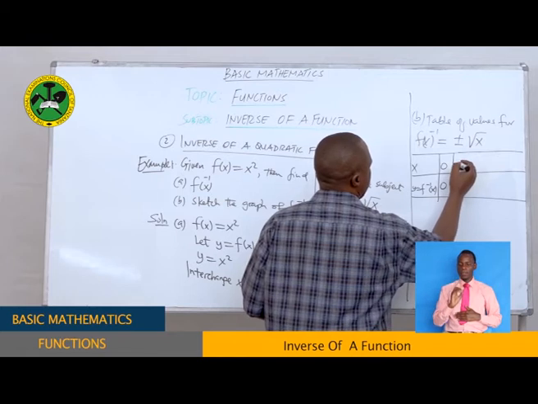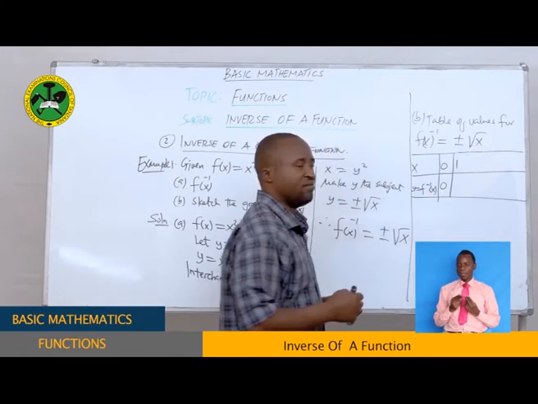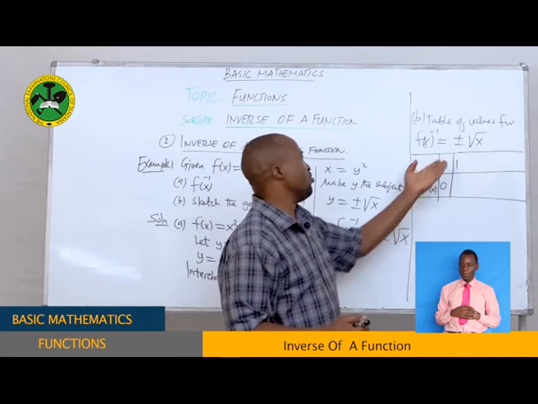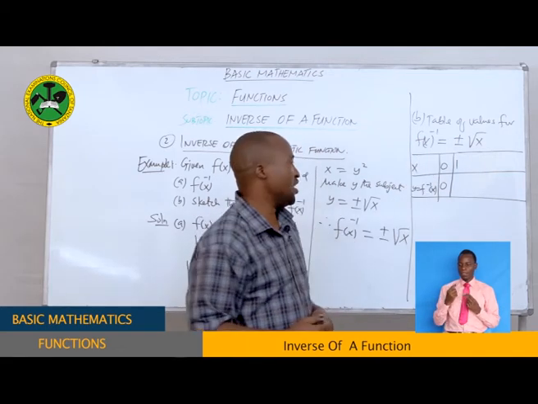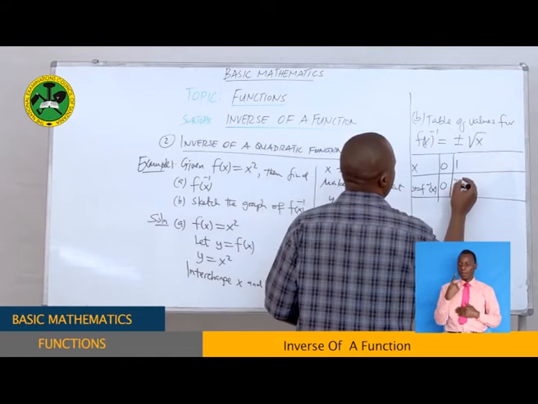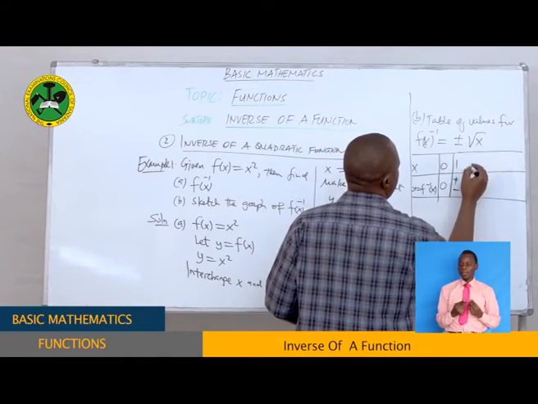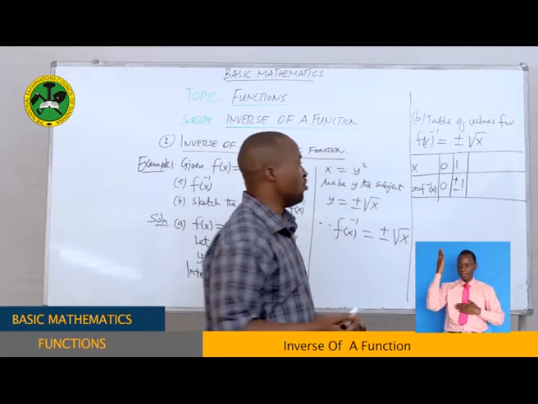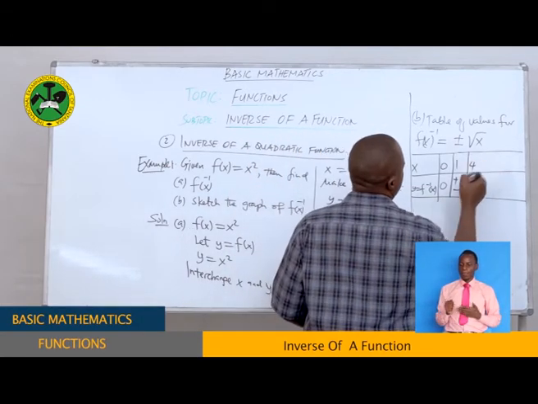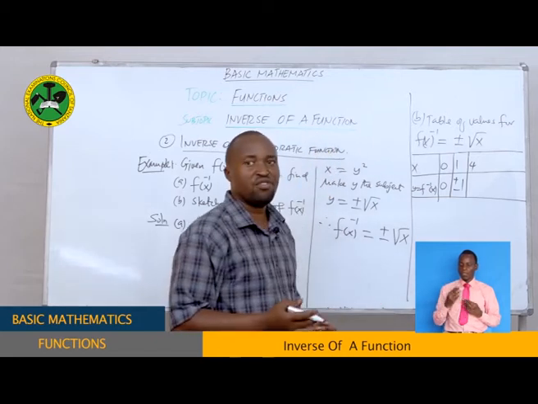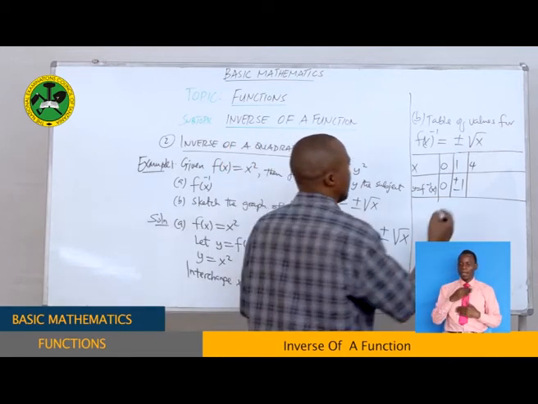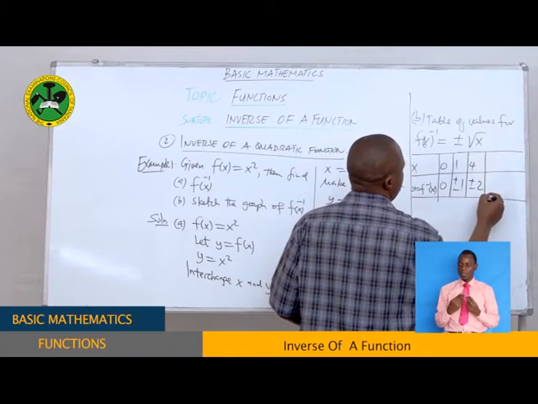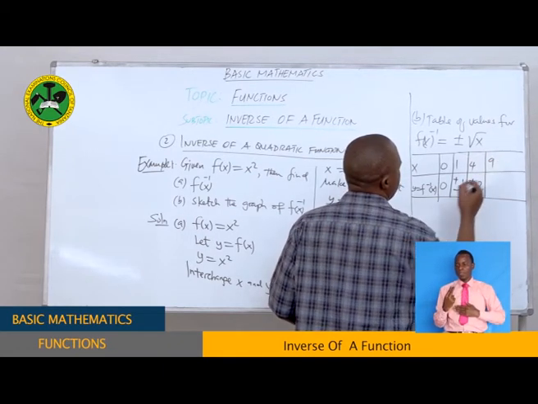Then suppose the next is 1. Again, the square root of 1 is 1, but this one is plus or minus. That is plus or minus 1. Then suppose the next is 4. The square root of 4 is 2, so again, that is plus or minus 2. Then suppose we take 9.